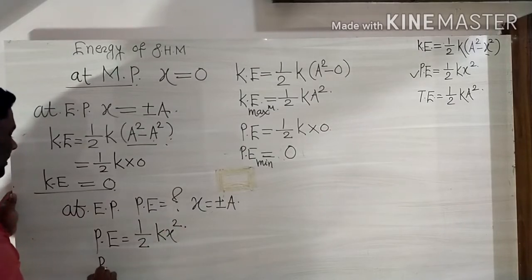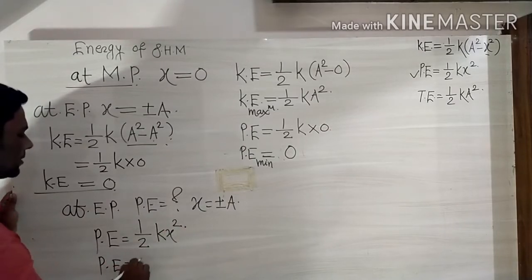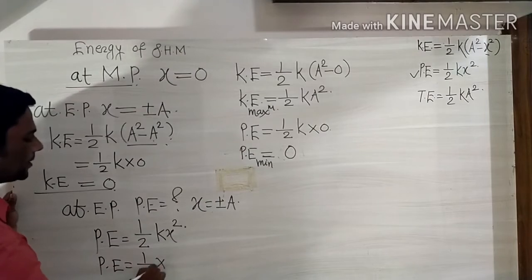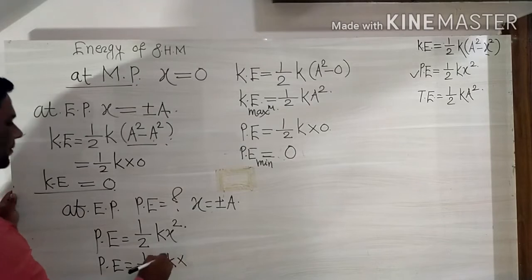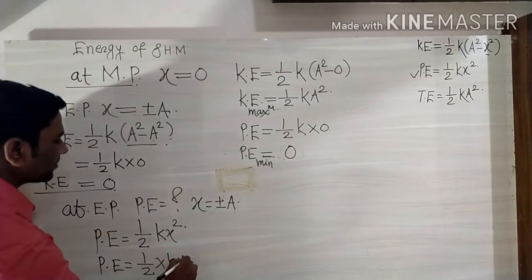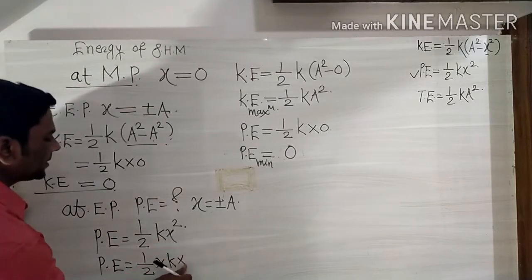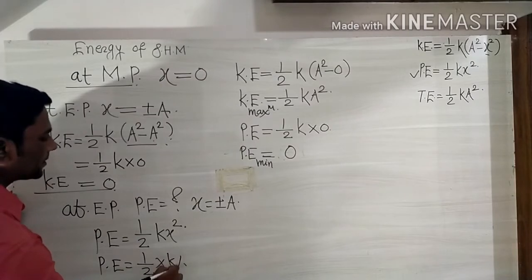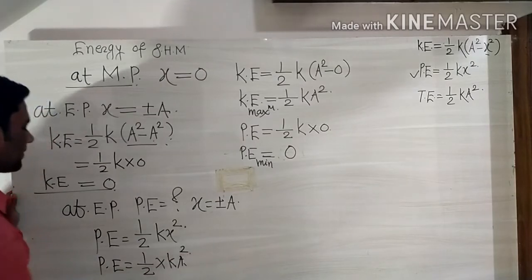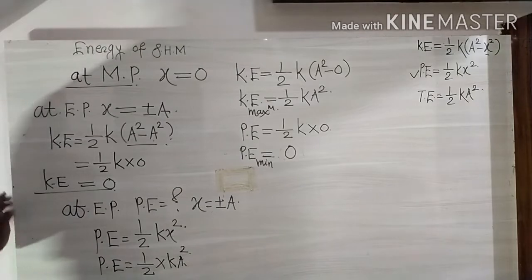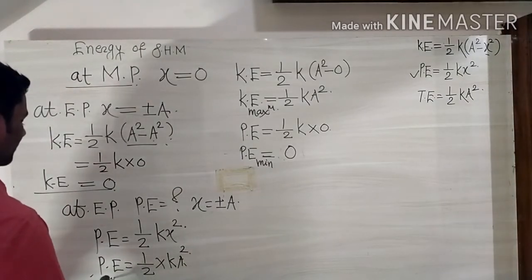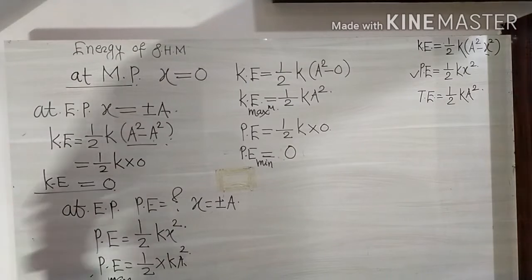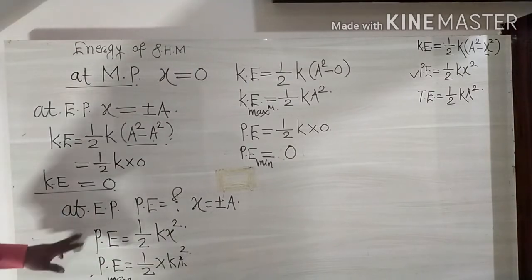So potential energy at extreme position is 1/2 into the value of k, into the value of x equal to plus or minus a, that is 1/2 k a square. So we are getting the maximum value at extreme position.